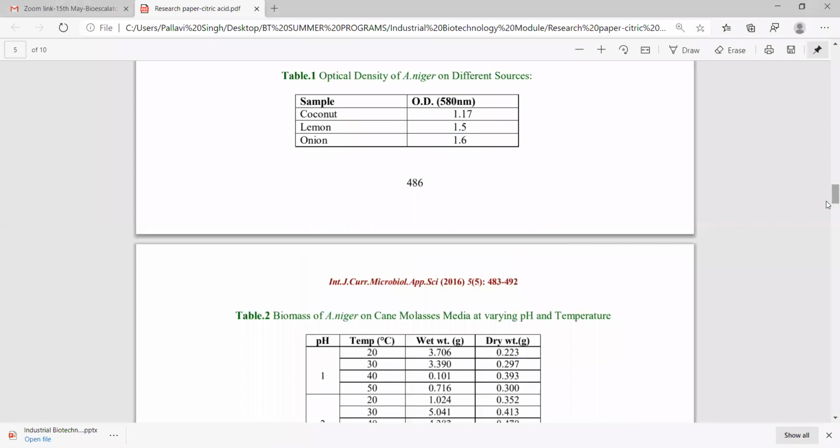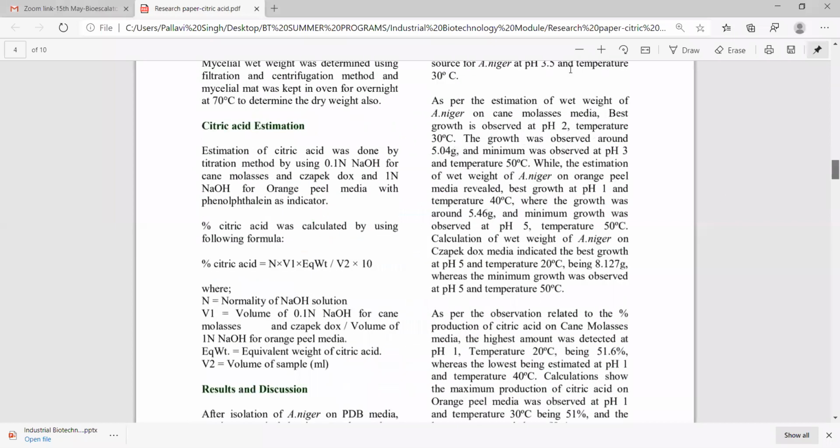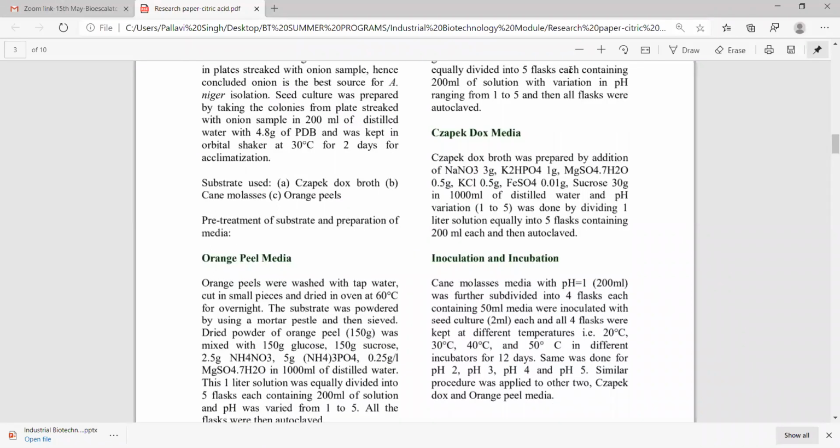After making an optimum concentration, the standard media for production of citric acid is Czapek Dox. We know that yes, we get a good amount of citric acid in Czapek Dox.